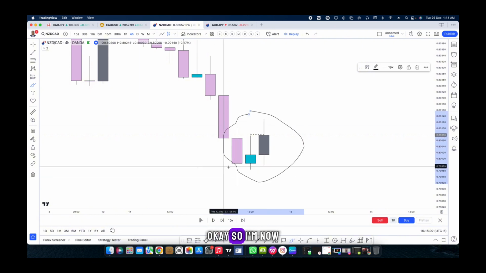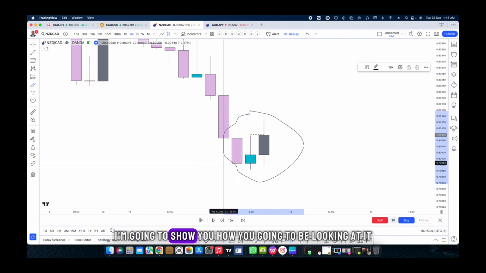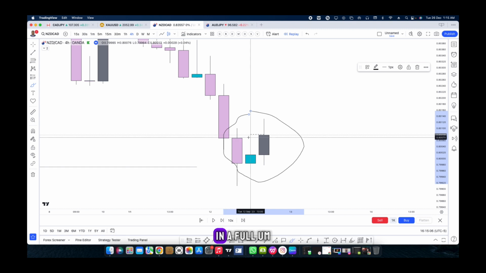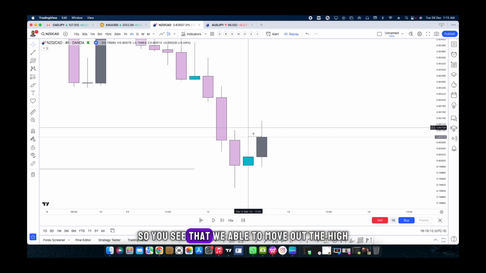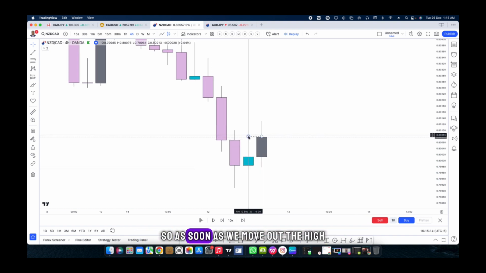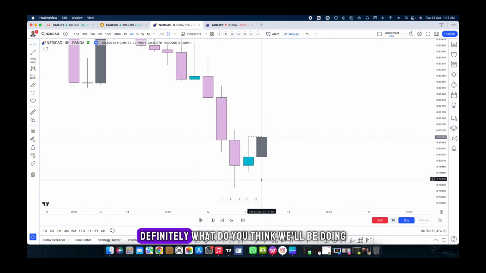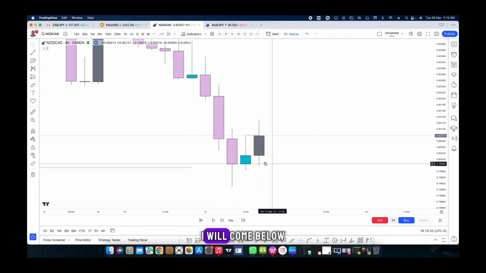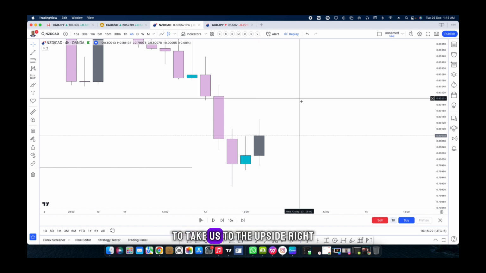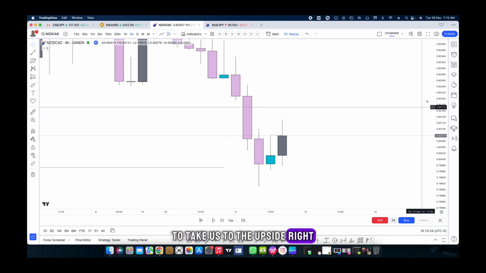Okay, so I'm going to show you how you're going to be looking at it in full price action and price range, right? So you see that we are able to move out the high. As soon as we move out the high, definitely, what do you think we'll be doing? We'll be finding a price that will come below to take us to the upside, right?